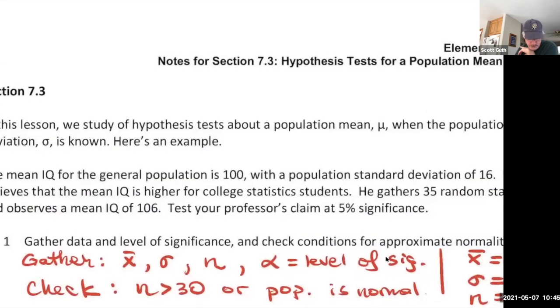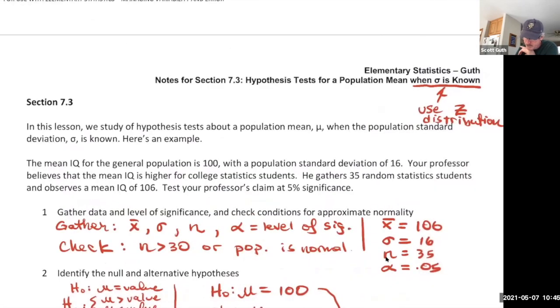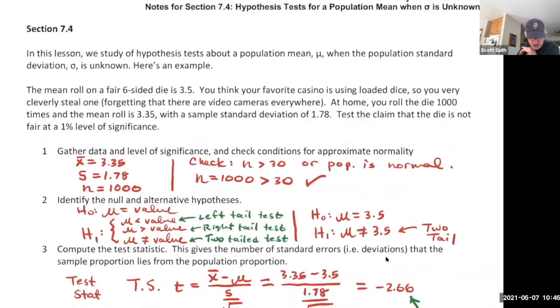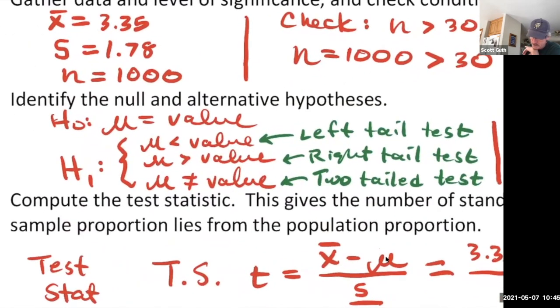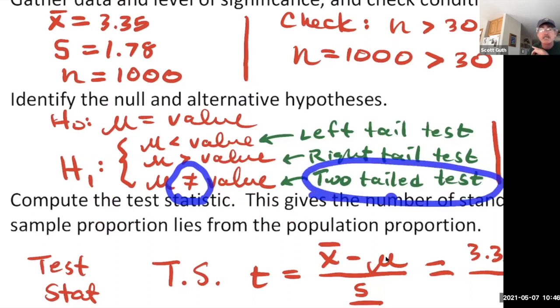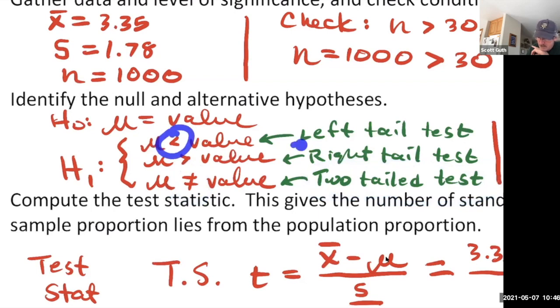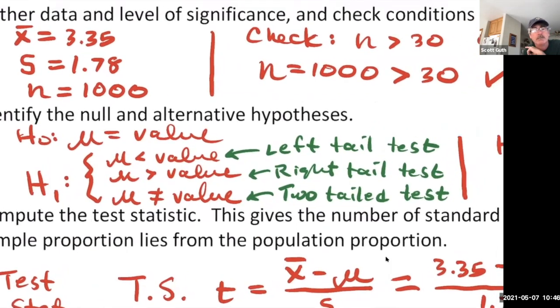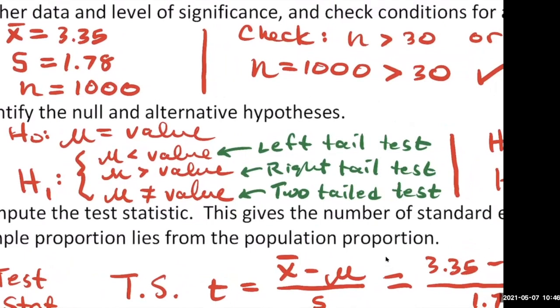That's 7.3. We started with 7.4, which is this one. Whenever your alternative hypothesis has a not equal, those are the only time you do a two-tailed test. Otherwise, less than points to the left, greater than points to the right, and that's just the rule. Okay, is that clear? Do we have this in this question?